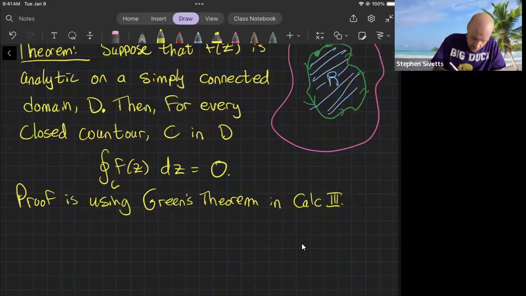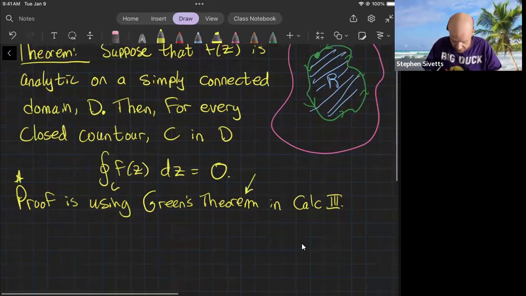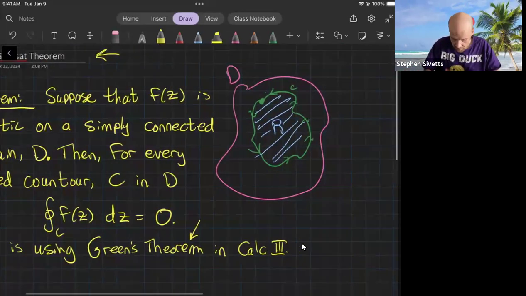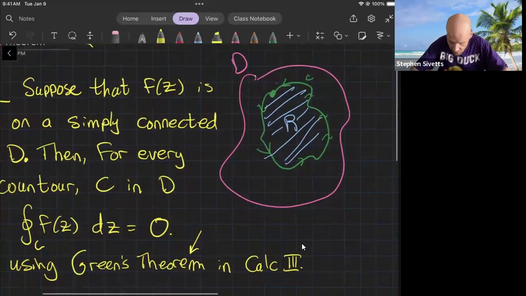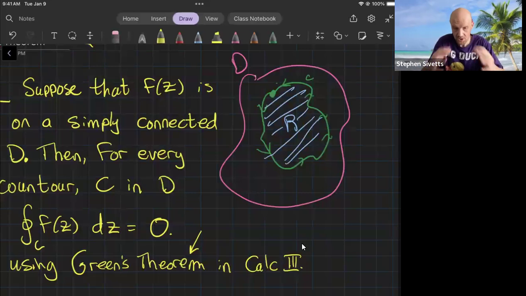The proof behind this uses another theorem in calculus called Green's theorem, named after George Green. Usually it's in Calc 3. So Green's theorem looks at a closed contour in 2 dimensions, and the line integral of a closed curve is equivalent to taking the double integral over the region that is inside that closed contour.